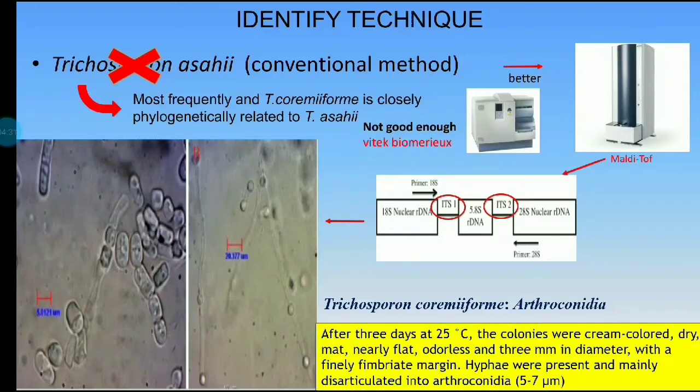The picture on the left shows hyphae present, and the picture on the right shows hyphae mainly disarticulated into arthroconidia. These are structures we can see under the microscope: hyphae on the left and arthroconidia on the right. This is the microscopic character of Trichosporon.